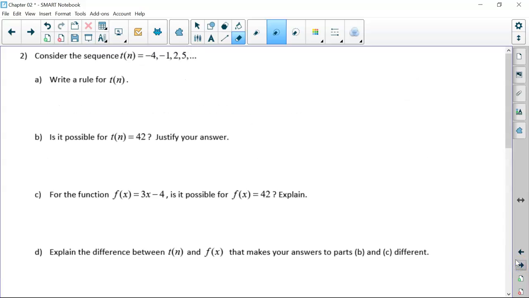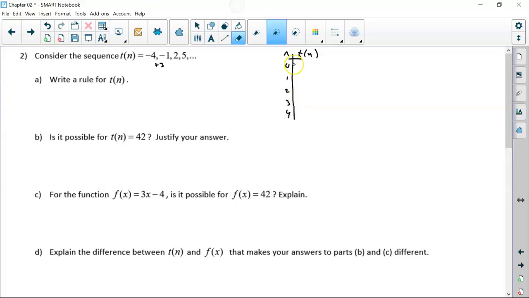Let's go to the next page. We have -4 to -1 to 2 to 5. So you can look, we're adding 3 each time. I'm going to make a table, n and T of n. Remember, our table, we started term 0, 1, 2, 3, 4.